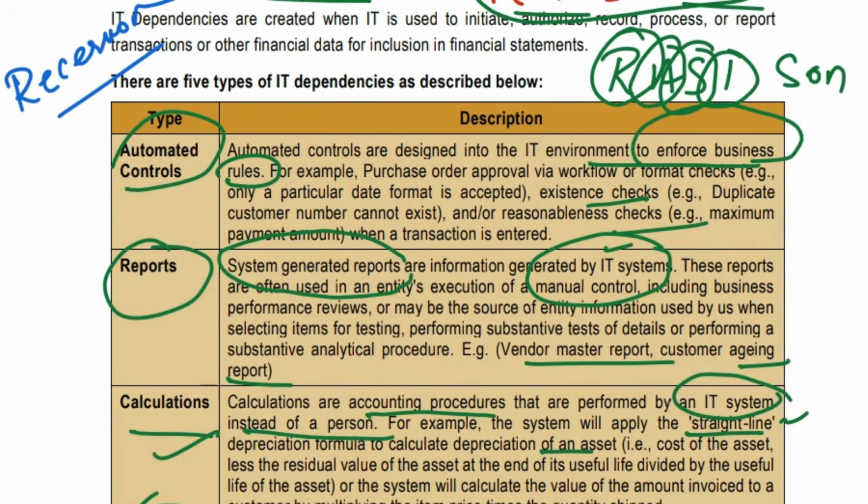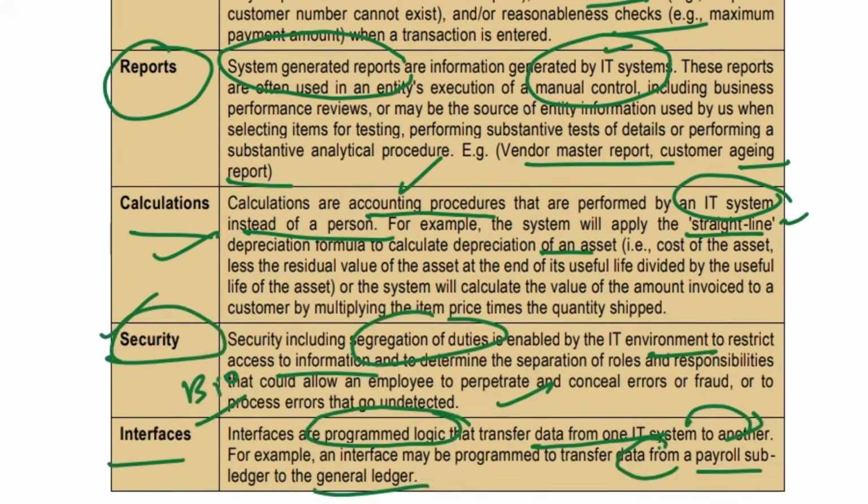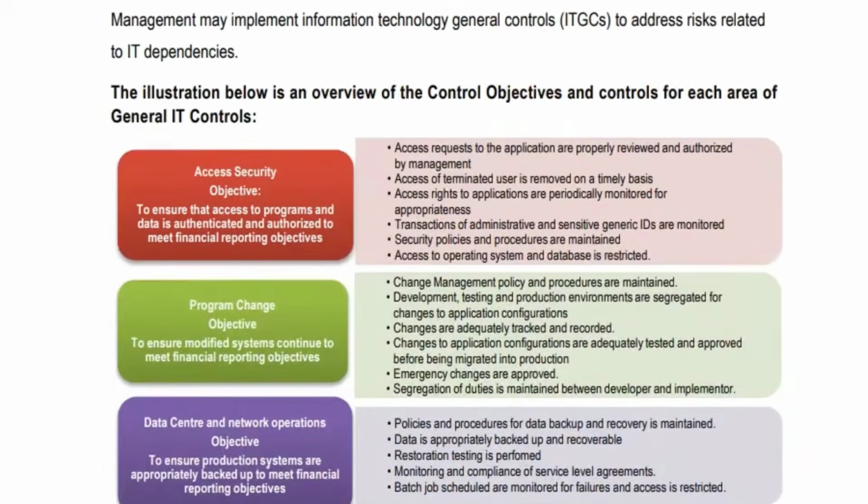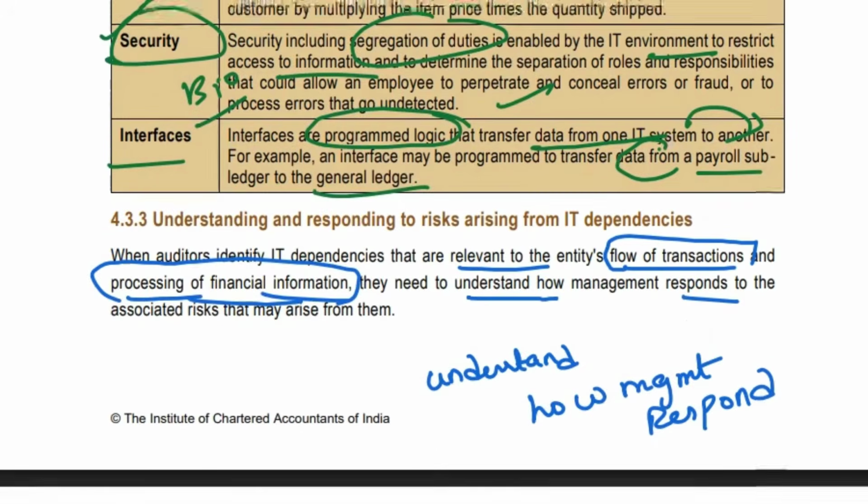I stands for interface. Interface is a programmed logic to transfer data from one source to another. And then C stands for calculation. Calculation is accounting procedures that are performed by the IT system instead of a person. That's how we have completed the 5 dependencies.